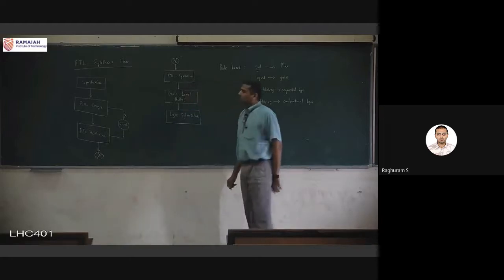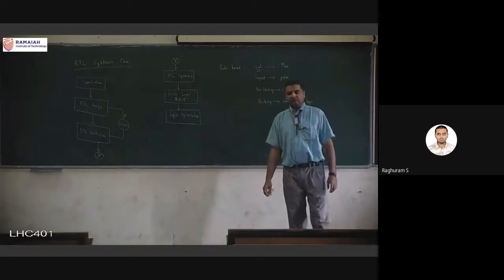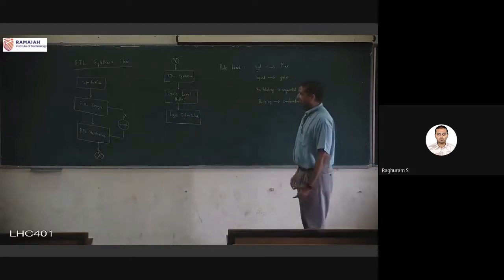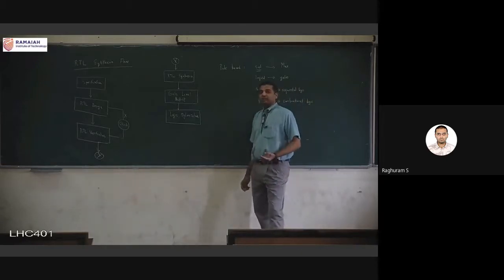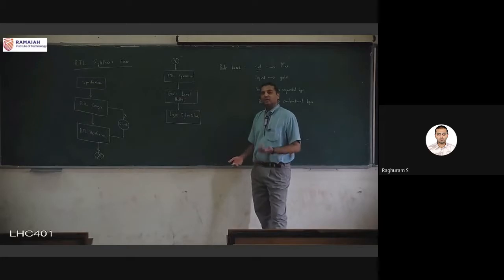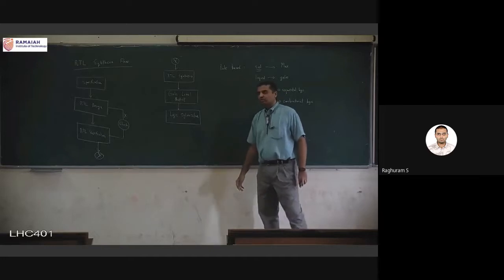okay, one very important step is called logic optimization, and you have already done this. If you have ever used the K-map to simplify a logic expression, that is an example of logic optimization. There are many more higher levels of logic optimization also.